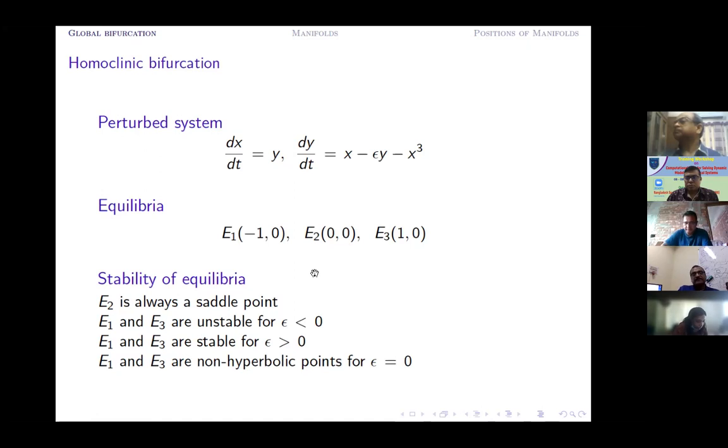What is that? Now we can look at the phase portrait of this system in three different situations: epsilon less than 0, epsilon greater than 0, and in between, epsilon equal to 0.